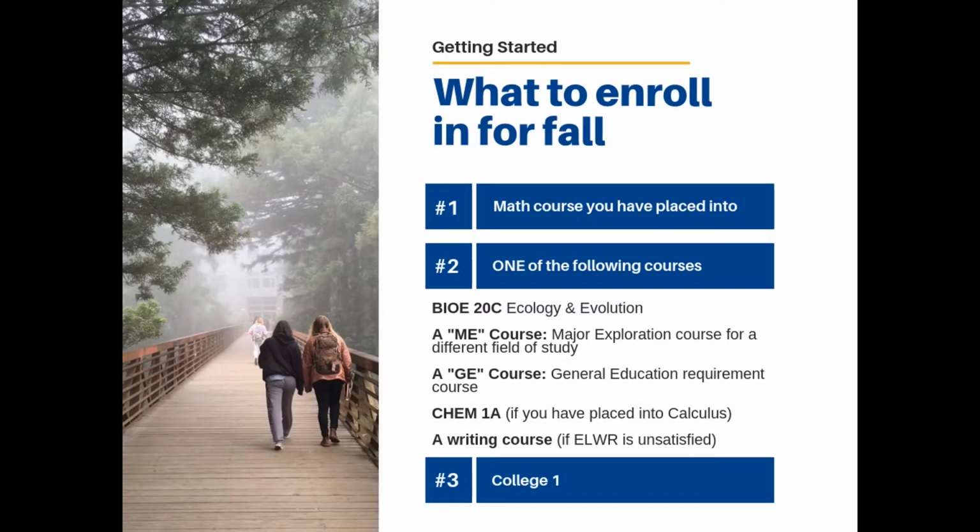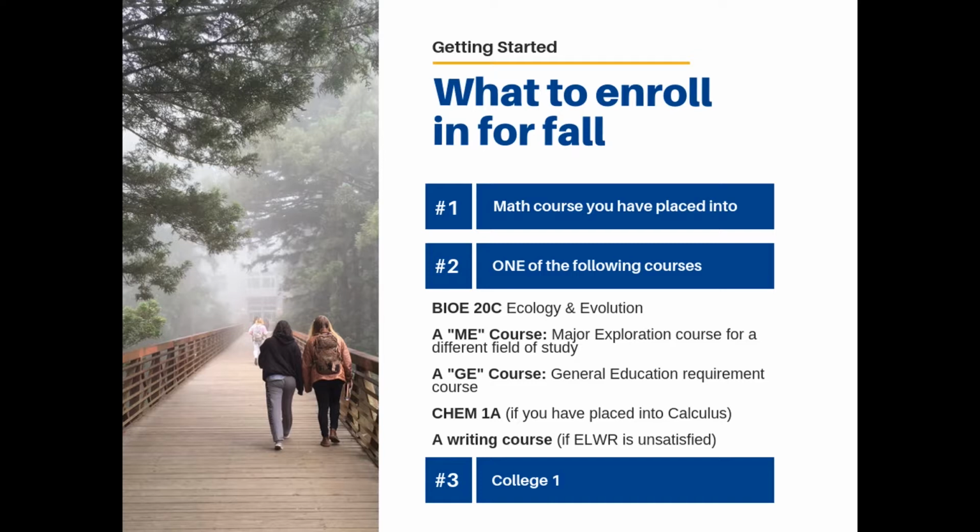So now the question that I'm sure is on all of your minds: what am I going to enroll in for my first quarter? Students should enroll in 2 courses for your major as well as 1 non-major course. This sequence includes course number 1, the math course that you've placed into.